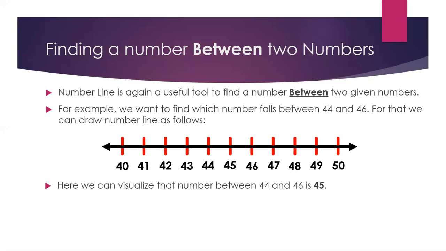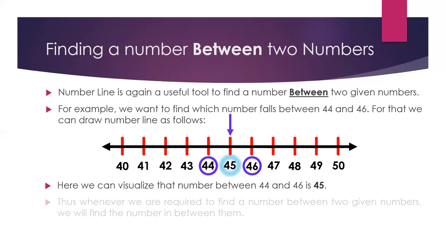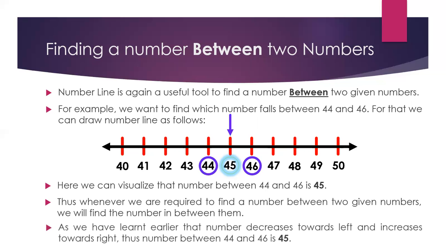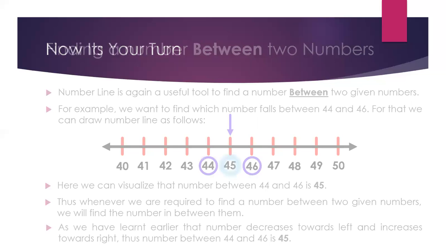So firstly, we will mark the numbers 44 and 46. So we can see here that the number between 44 and 46 is 45. Whenever we are required to find a number between two given numbers, we will find the number in between them. So the number between 44 and 46 is 45.